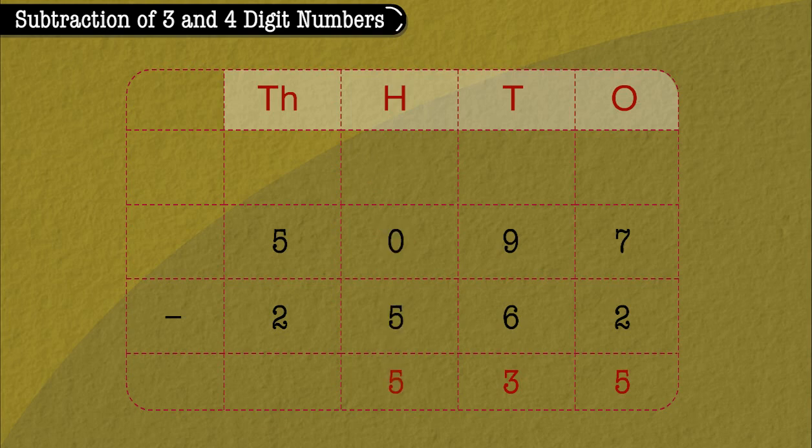Since we have borrowed a 1 from the thousands place, 5 in the thousands place decreases by 1 to get 4. Then the 2 in the thousands place of the other number is subtracted from 4 to get the difference as 2. Hence, when 2562 is subtracted from 5097, the difference we get is 2535.